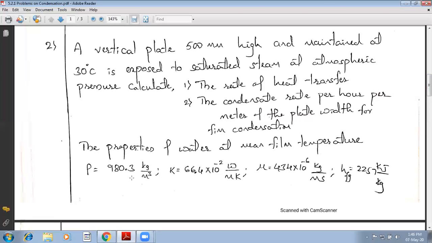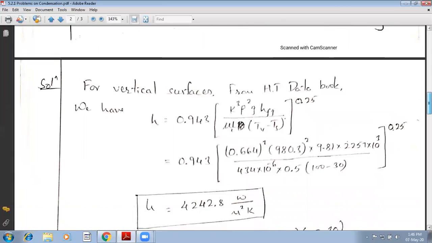In some problems, you need to get the values from the data handbook, and that will be considered at film temperature that we are going to discuss in the next problem. Now again, if you need to calculate the rate of heat transfer, you need to know the value of H, and the H value is calculated as follows.